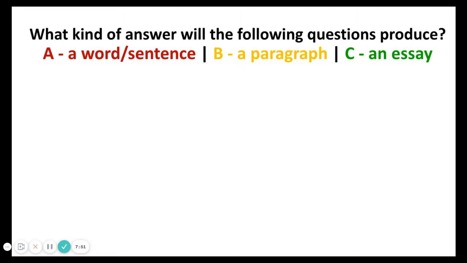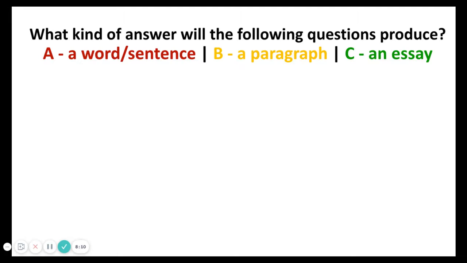So we're going to look at some research questions, and based on how lengthy the response to that question is, we will determine whether it is a weak or strong research question.